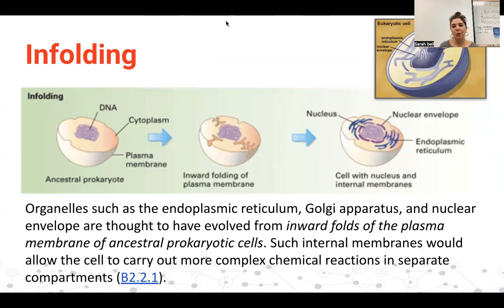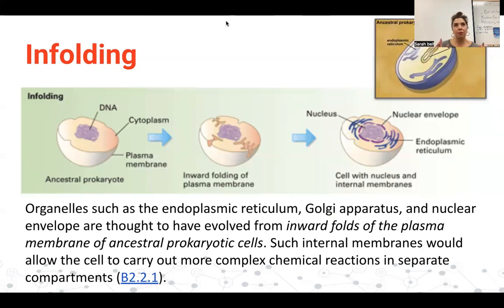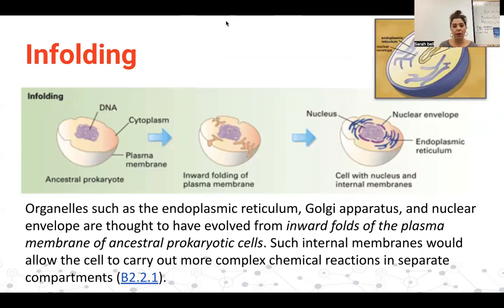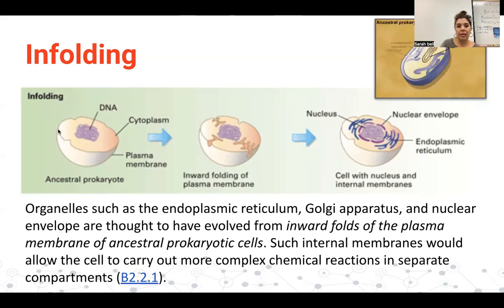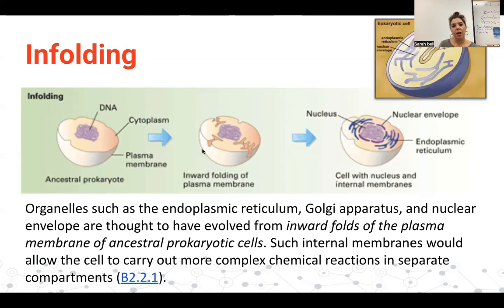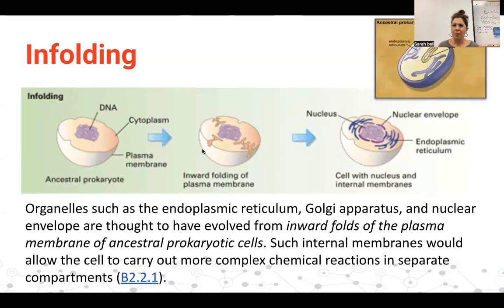This is when the plasma membrane of our really ancestral, basic protocells or prokaryotes started to fold in on itself, just like you can see starting to happen in the second picture. So we have our ancestral prokaryote, and then the cell membrane starts to fold in on itself. And you might ask yourself, why would it do that?